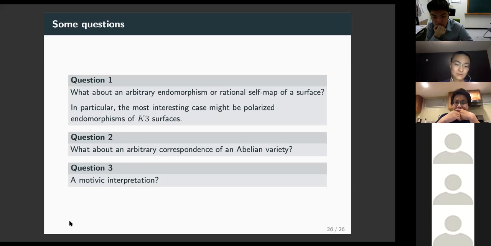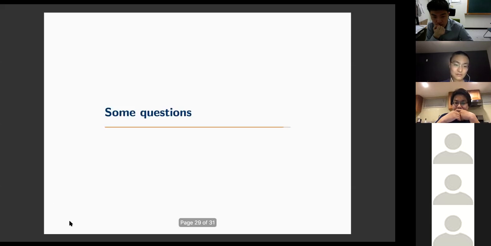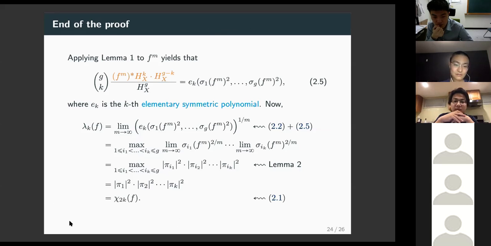And can you show, for Serre's theorem in the positive characteristic case, that the eigenvalues all have absolute value q to the power k over 2? For a polarized endomorphism of an abelian variety, I mean the eigenvalues of the pullback action on H^k have absolute value q to the power k over 2.